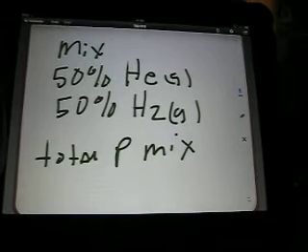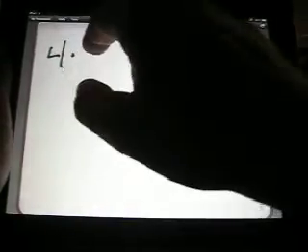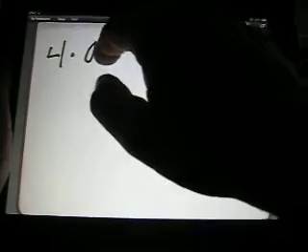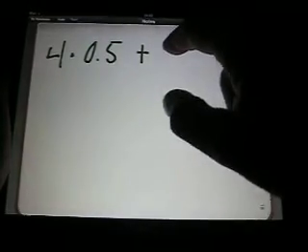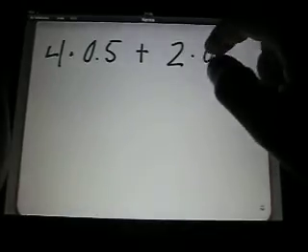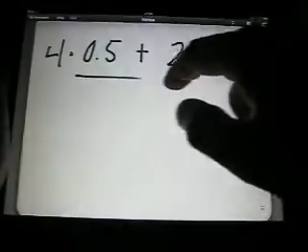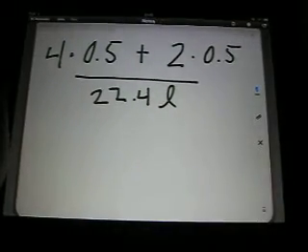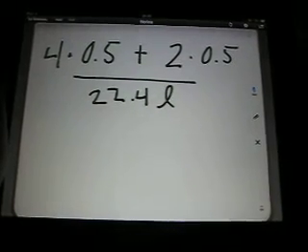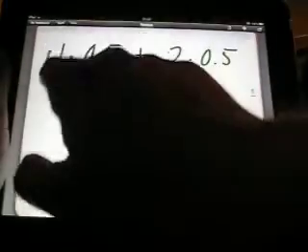So let's go ahead and plug that into our formula. Let's just make helium gas 1. The mass of helium is 4, and it's 50%, so 4 times 0.5, plus our hydrogen, 2 times 0.5, divided by 22.4 liters.